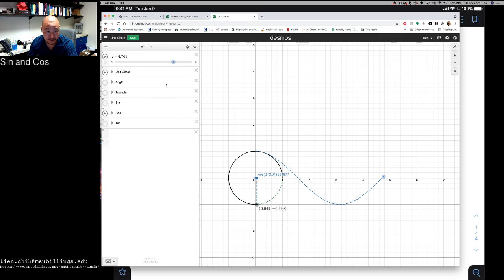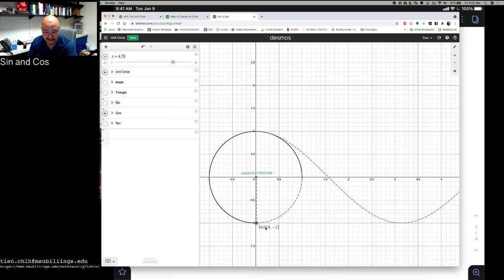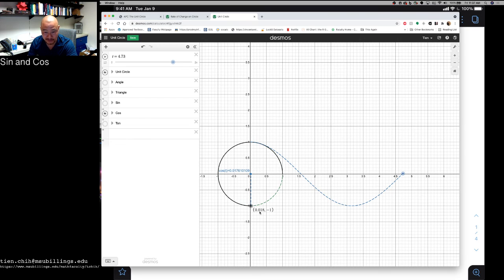We'll come back close to 0. Let's back this up just a little bit. There we go. We come back close to 0, and we should note that, again, my cosine values are my x values in this case, right?